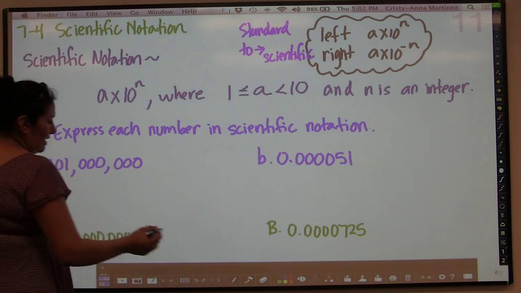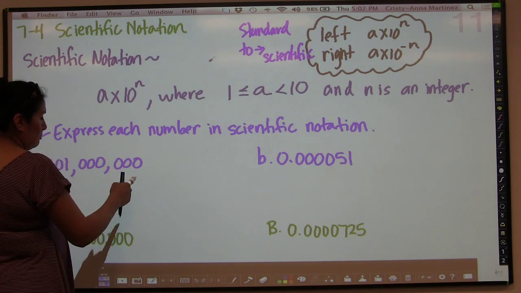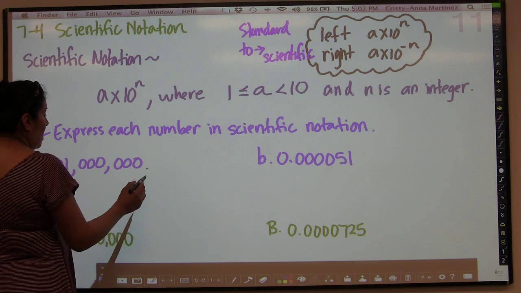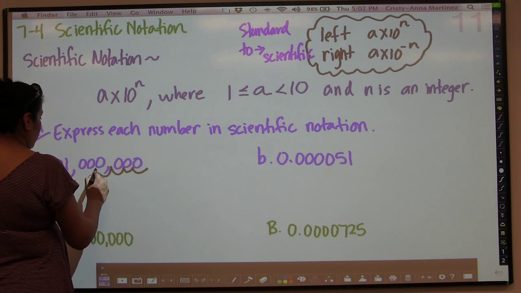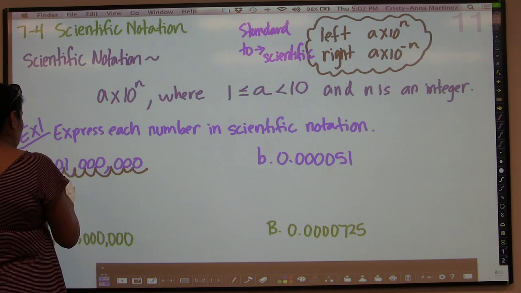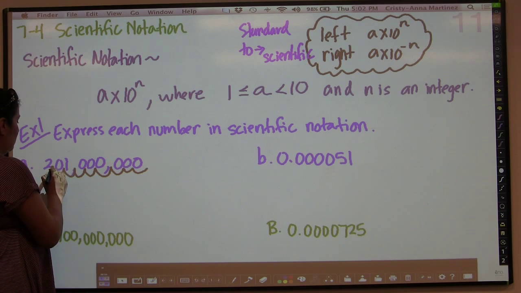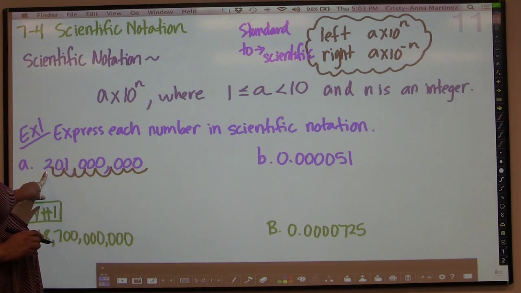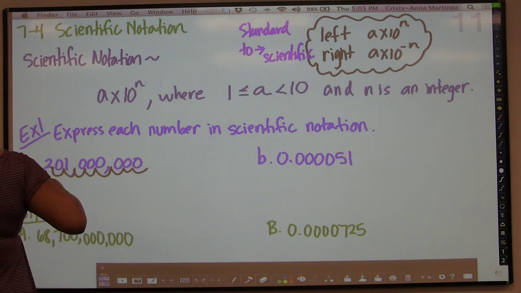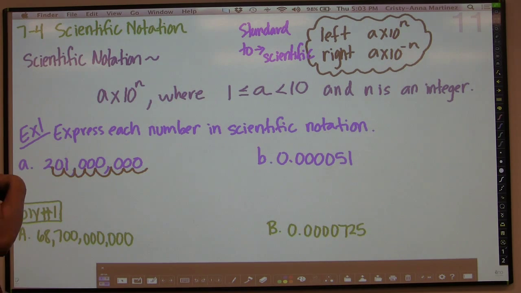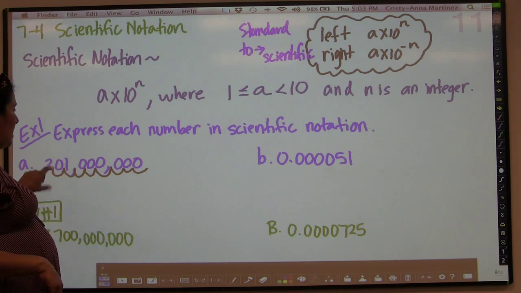If there's no decimal in the number, we assume it's at the end. If I move the decimal, it's going to be 1, 2, 3, 4, 5, 6, 7, 8. Now the decimal point is to the right of the first non-zero integer. That's what we're looking for, the non-zero digits. And we moved it 8 times.